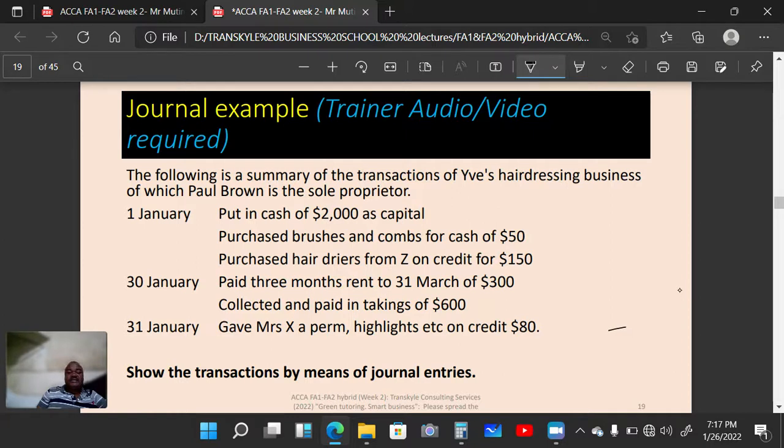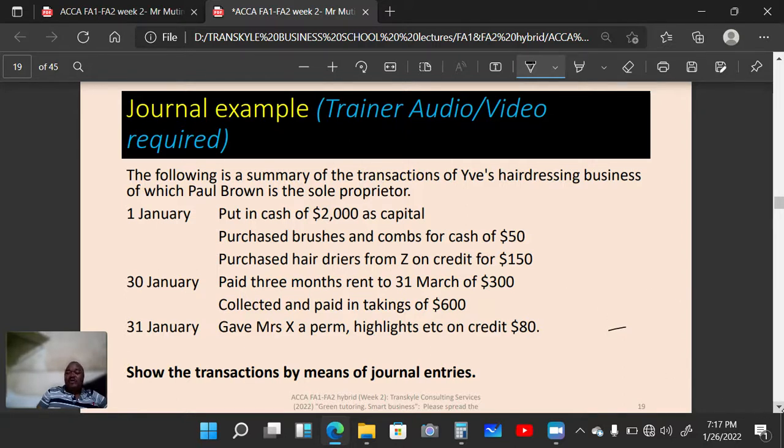If the examiner says show the transactions by way of journals, or come up with the journal entries, we are simply saying, can you come up with the double entry for that particular transaction? Are we together? So I want clever students who are quick in identifying and articulating business information.